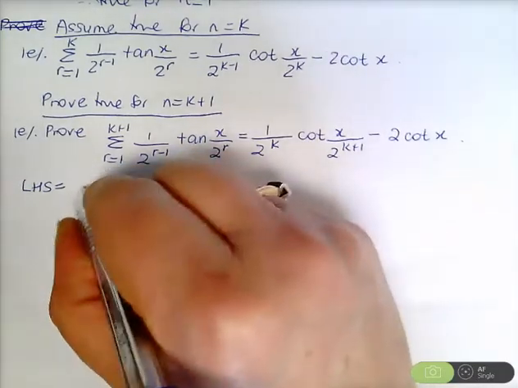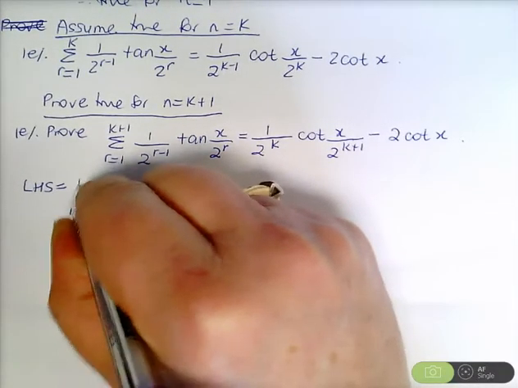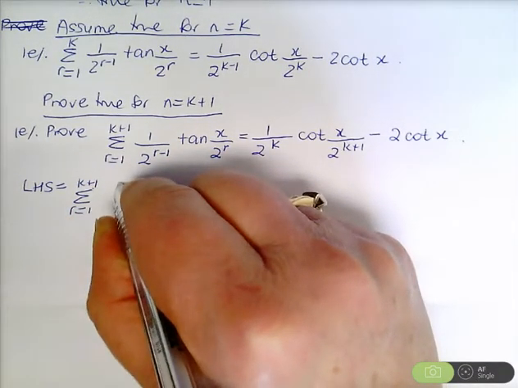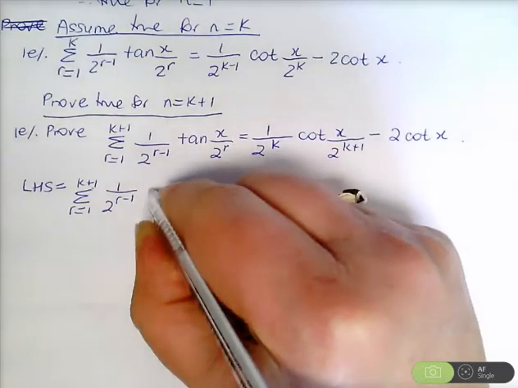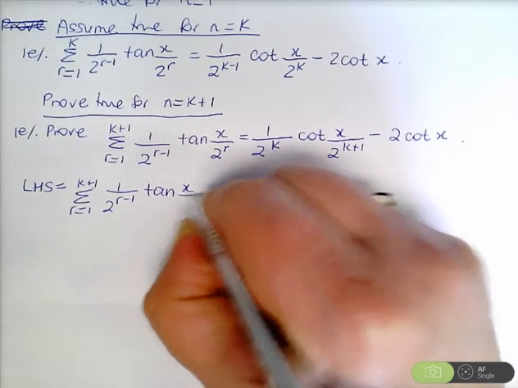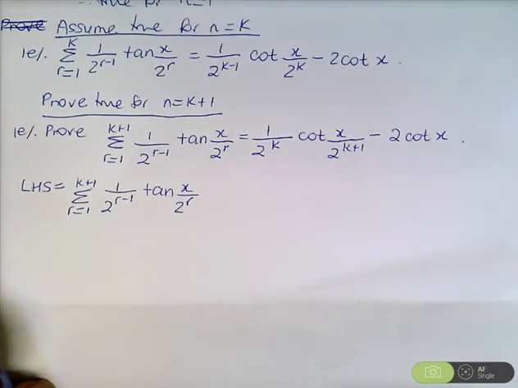Left hand side is equal to the sum from r is 1 to k plus 1 of 1 over 2 to the power of r minus 1 times tan of x over 2 to the power of r.